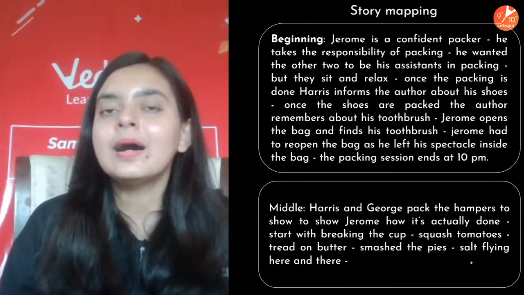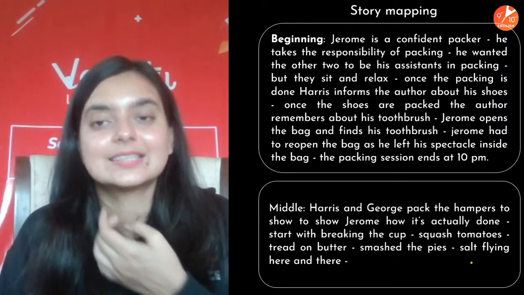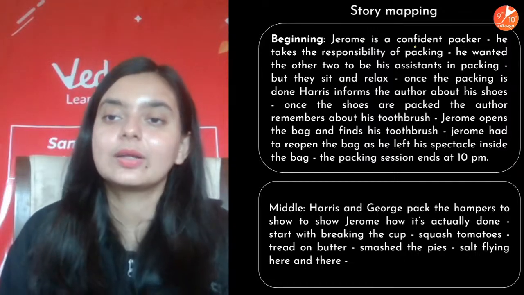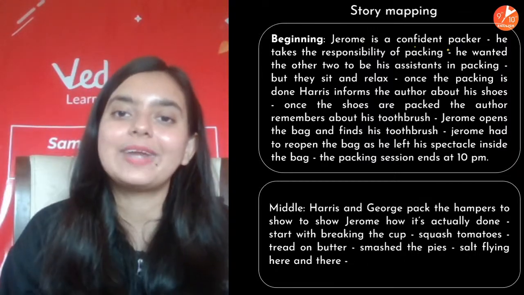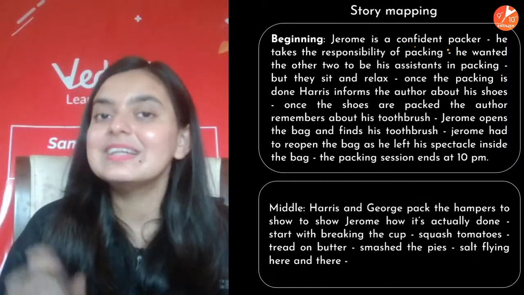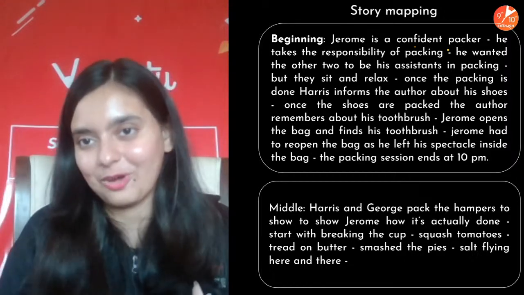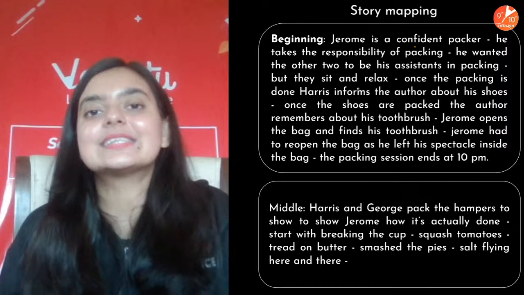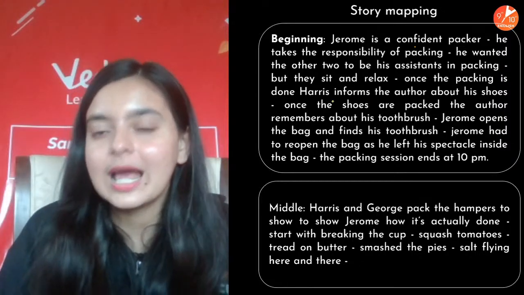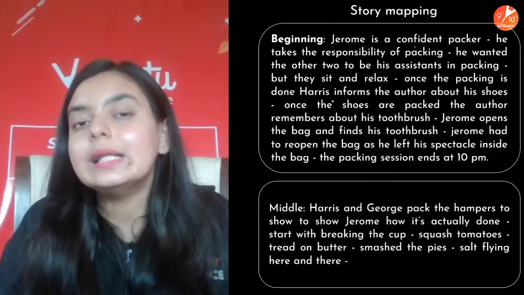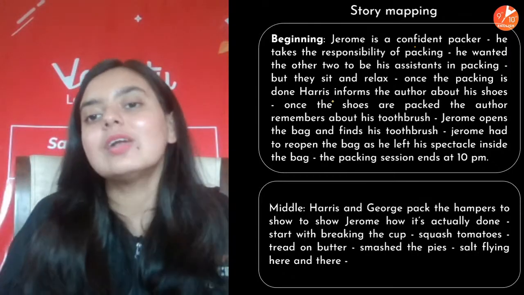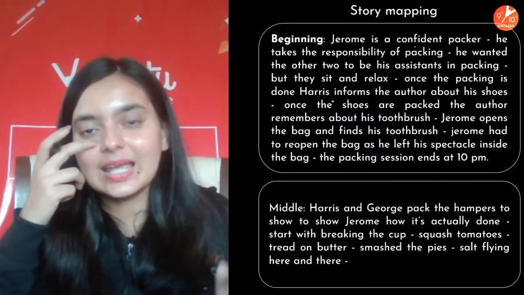Okay. So, Jerome K. Jerome, now this is a humorous story, guys. The humor arises from the fact that Jerome thinks he's very confident about his packing skills, but we come to know the reality when we see him packing and making a mess of it. Initially it starts on a very humorous note, with the difference between Jerome's actual intention and how the friends took it.